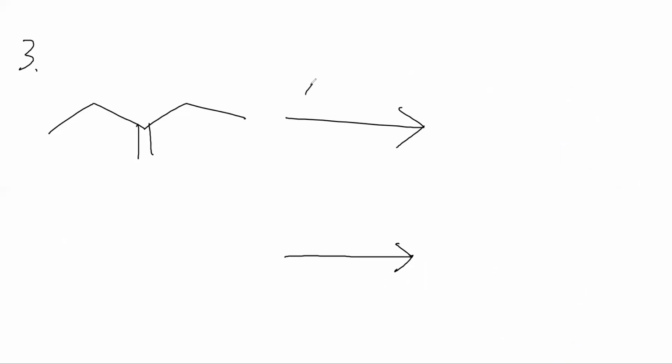And then the last part here, Cl2 and H2O. Can anybody tell me what the product for this is going to be? Is it the alcohol in the Markovnikov product? Yeah, we have tertiary.